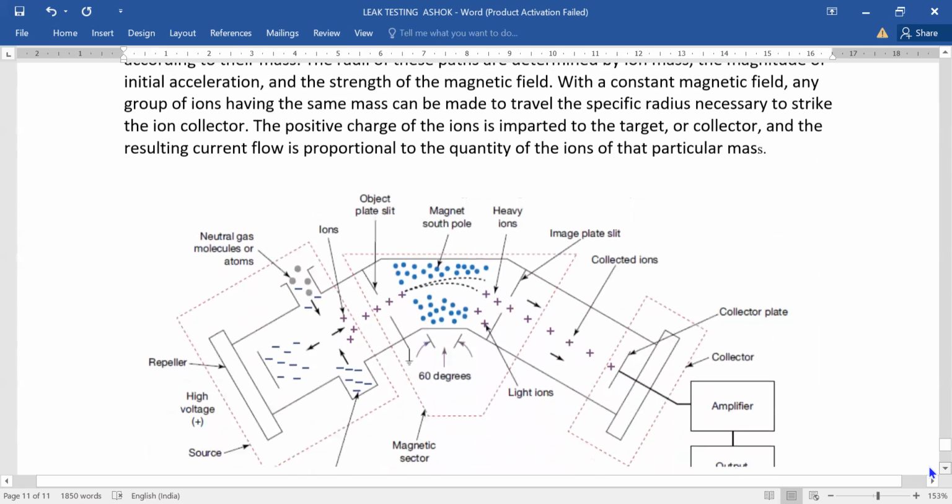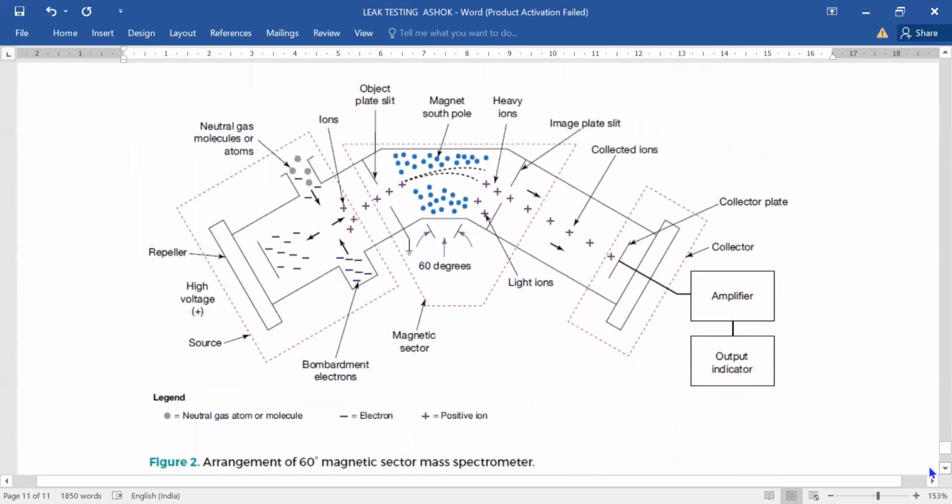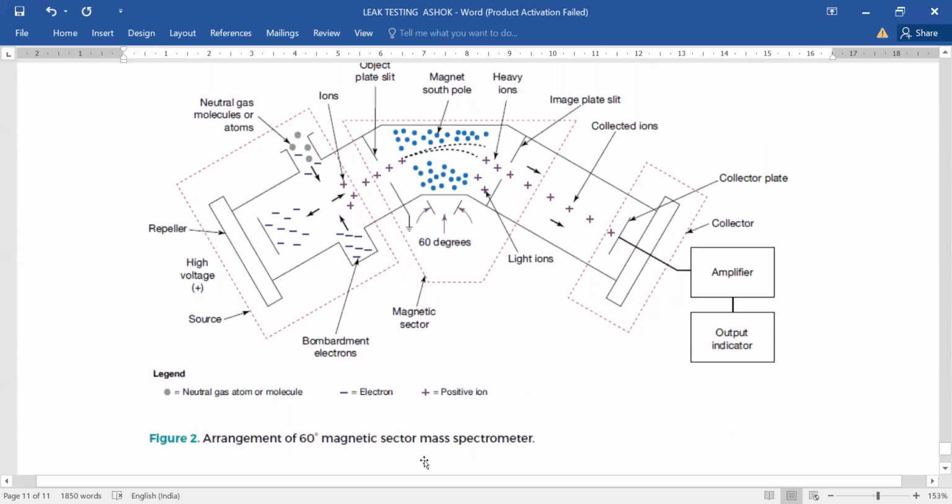So this is the mechanism: arrangement of a 60-degree magnetic sector mass spectrometer. So this is the molecule, the leak. The leak pump is connected here. So all this leakage comes here. So it is the repeller.